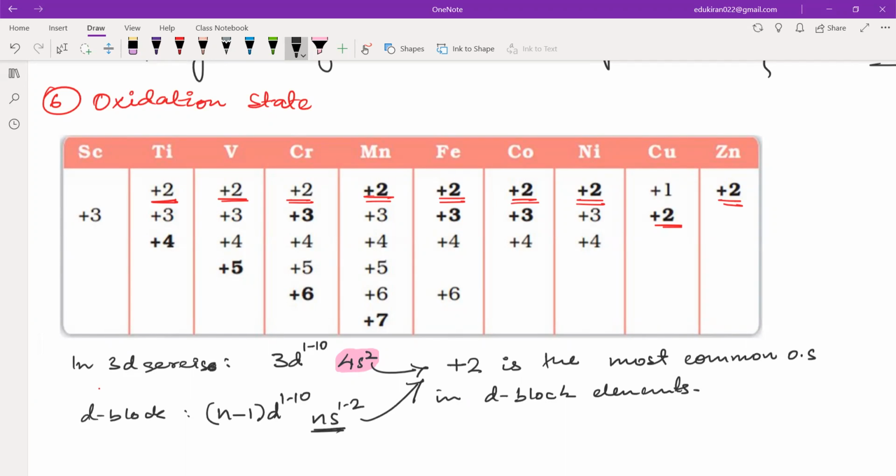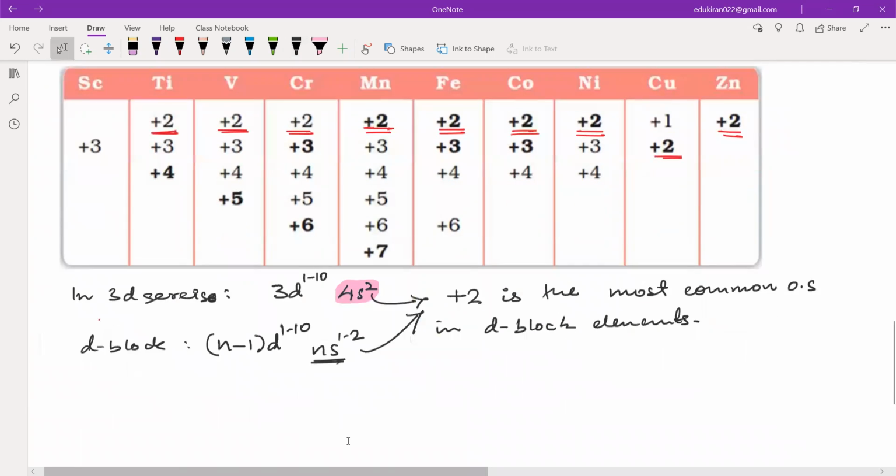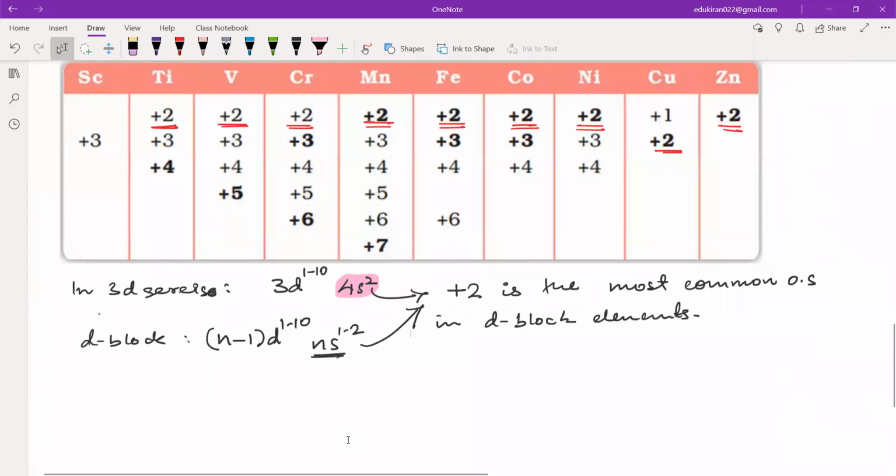Now next is why they have variable oxidation state. This is due to the (n-1)d electrons.